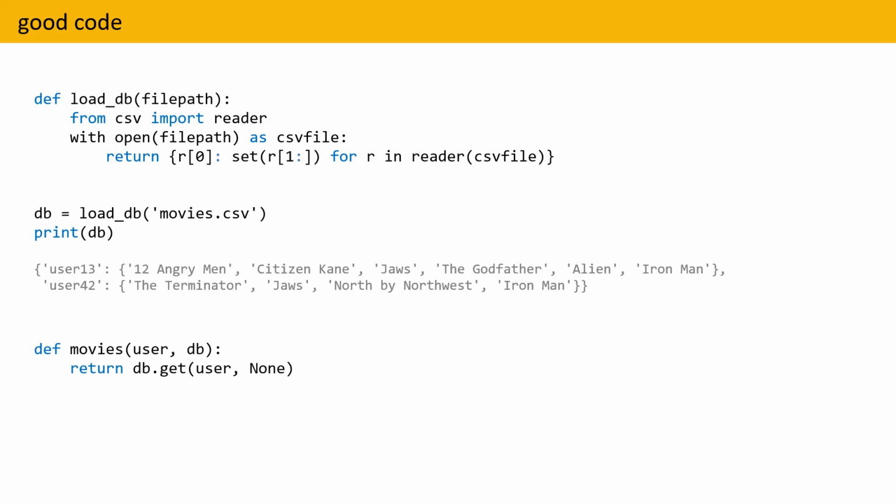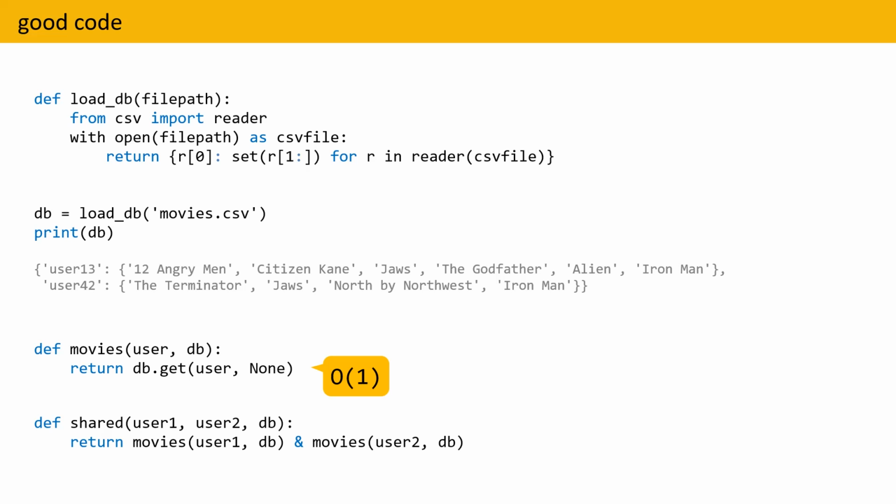Retrieving the movies for a given user is now very simple. We only need to call get and provide the default value of None in case the user ID is not in the dictionary. This is an order 1 operation and is much faster than the previous implementation, especially for larger databases. But it gets even better.